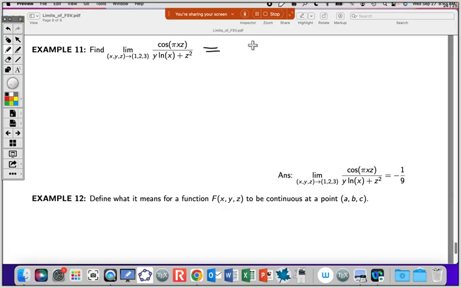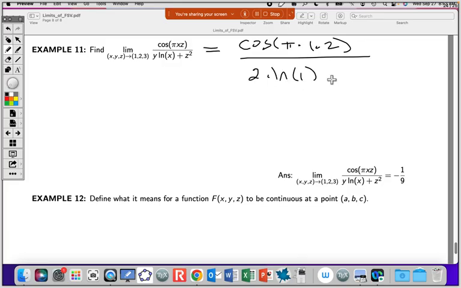The numerator would get close to the cosine of pi times x going to 1, z going to 2, over y, which is getting close to 2, times the natural log of x, which is getting close to 1, plus z squared, 3 squared.